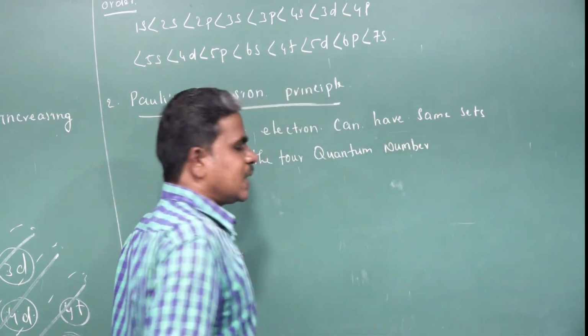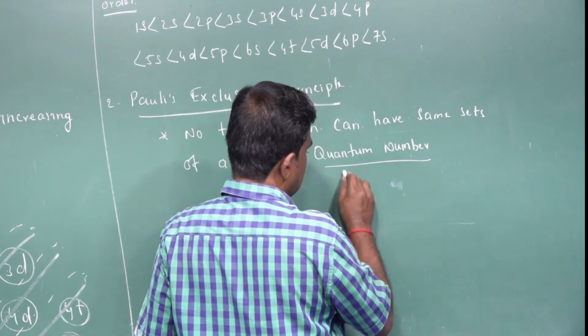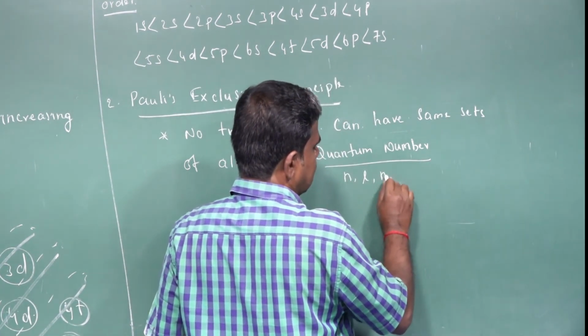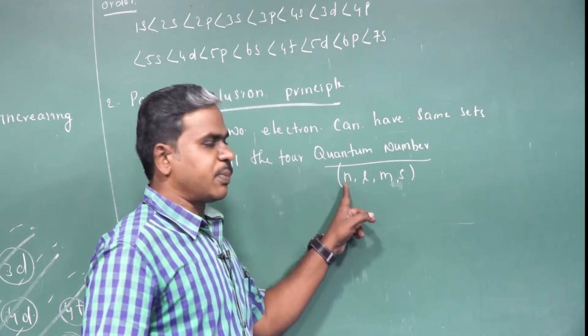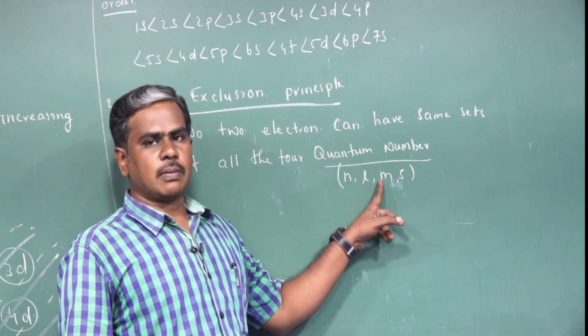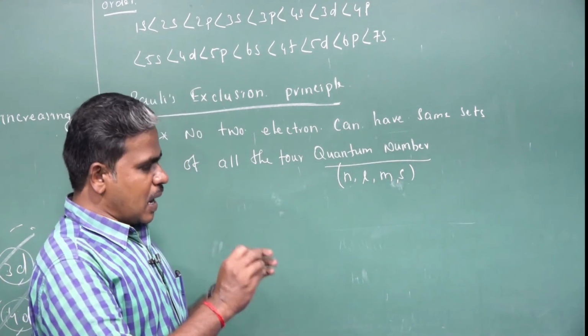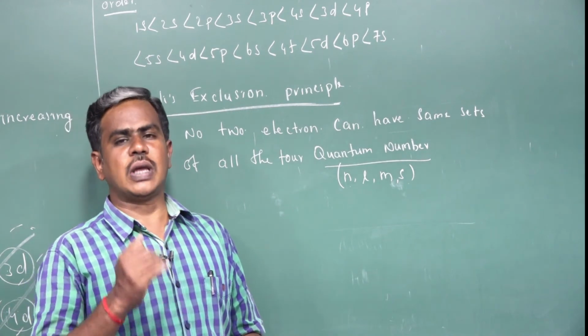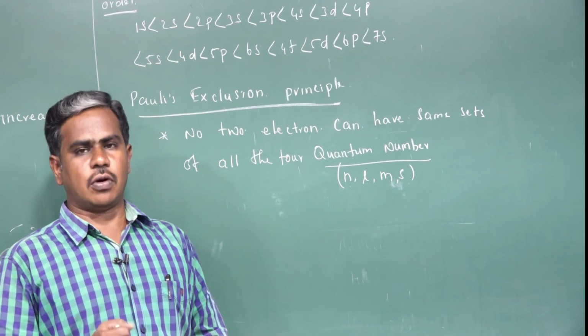So, you know the quantum numbers. What are the quantum numbers? The quantum numbers are n, l, m and s. That is the principal quantum number, azimuthal quantum number, magnetic quantum number and spin quantum number. And for an orbital, no two electrons can have the same set of all four quantum numbers.